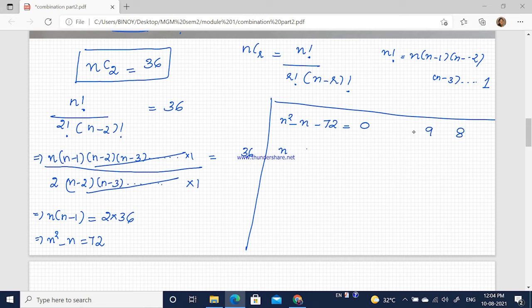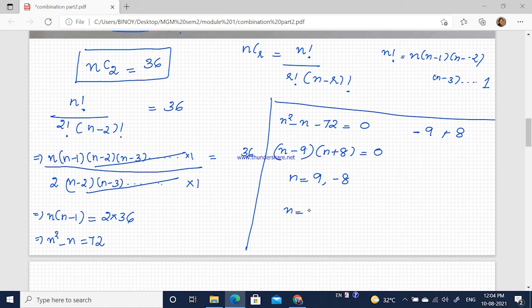So with minus 9 and 8, minus 9 into 8 is minus 72, and minus 9 plus 8 is minus 1. So n minus 9 into n plus 8 is equal to 0. So n will be 9 or it can be minus 8.